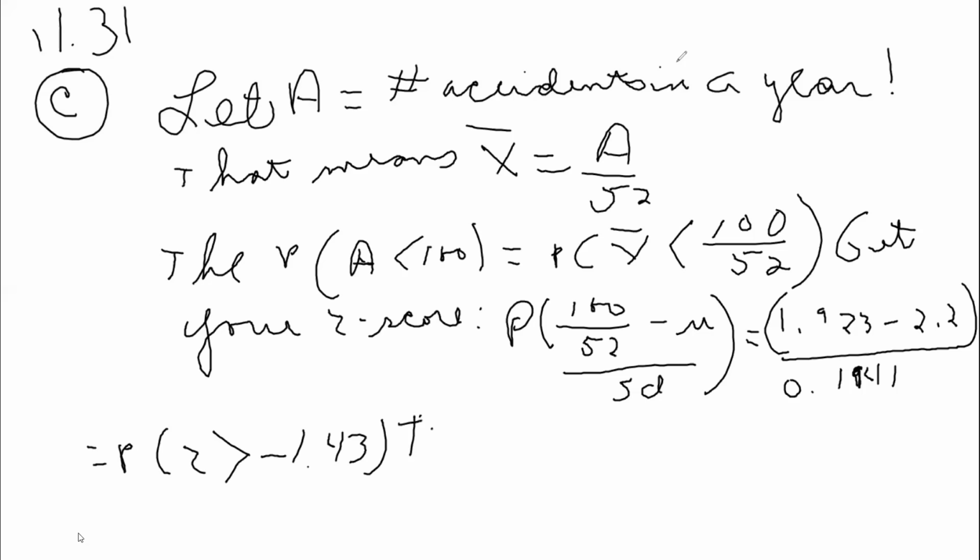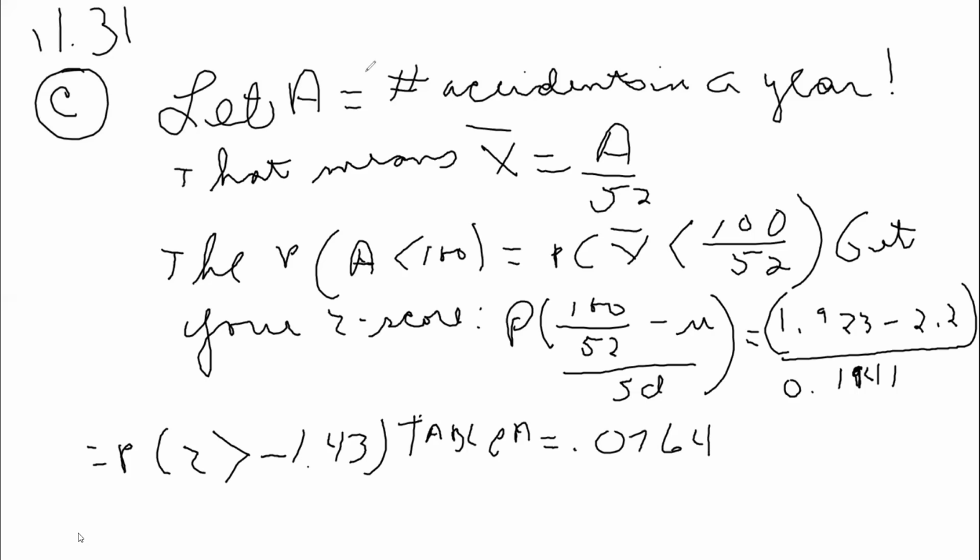Then you go to table A, and the probability in that table A is 0.0764.